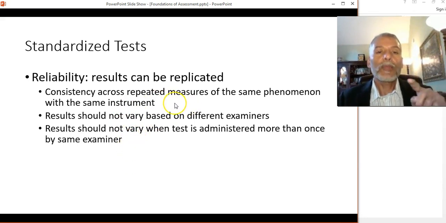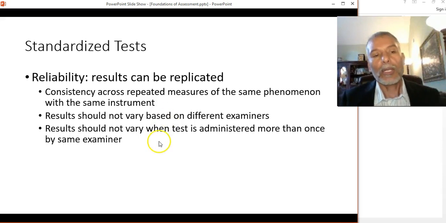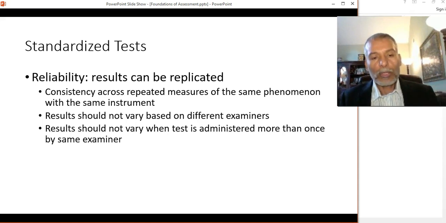So if you use the test with the same person, you are going to get the same results. And also, if another person tests the patient with the same test that you used, they should also get the same results.